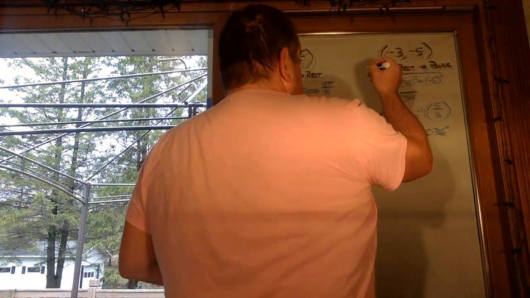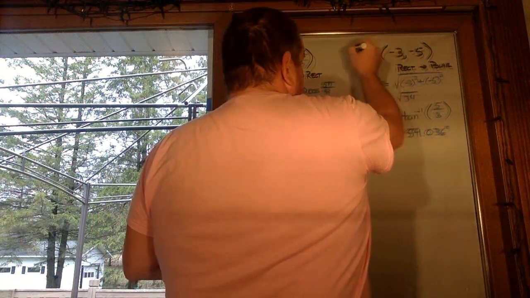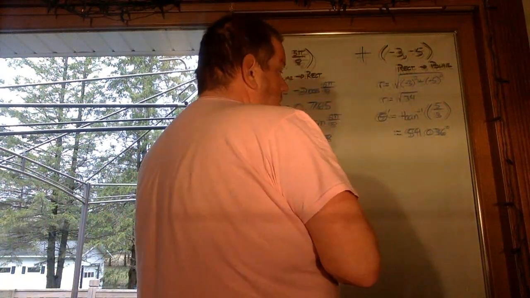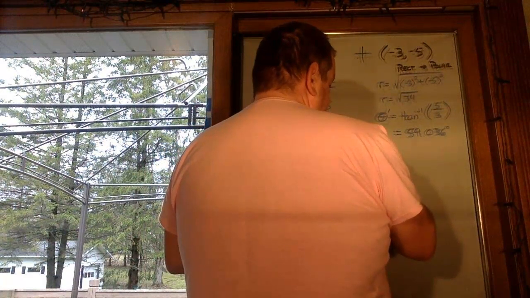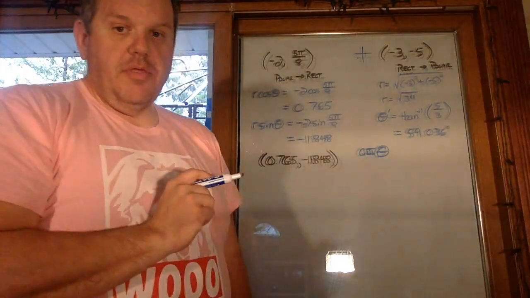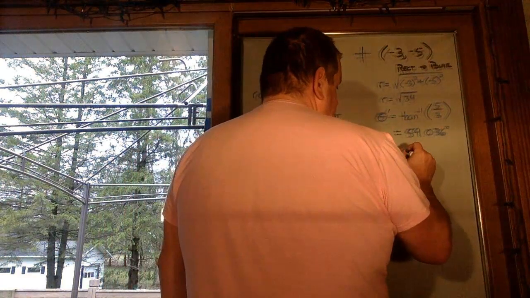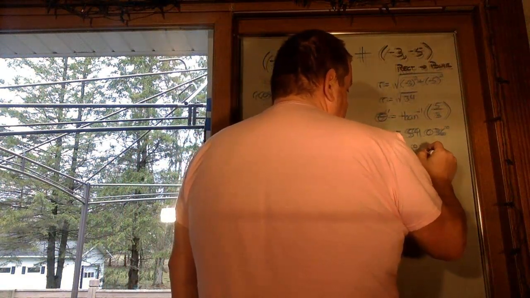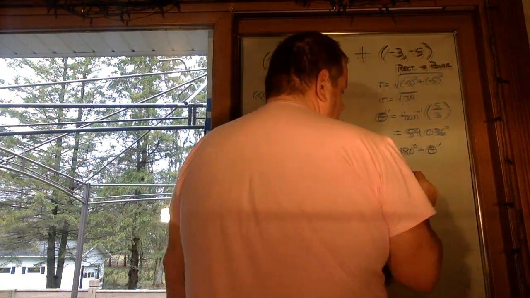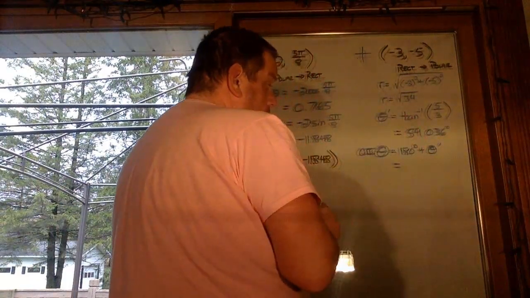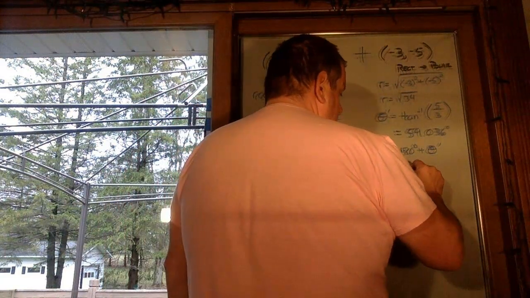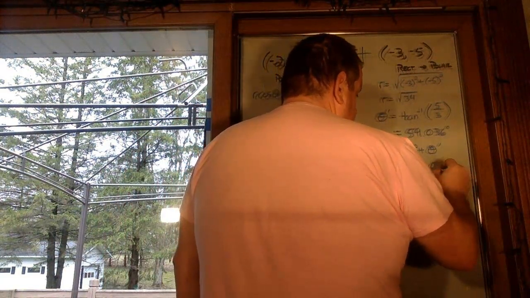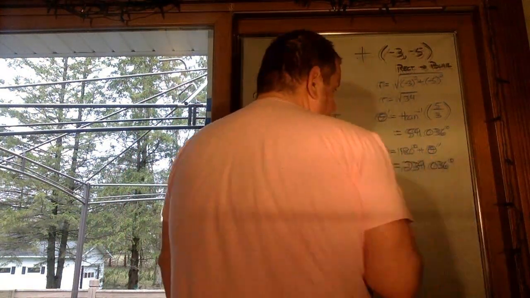So this is in negative, negative. That's in quadrant number 3. So my actual theta in quadrant number 3 is going to be 180 degrees plus my reference angle, or what's that going to be? 239.036 degrees.